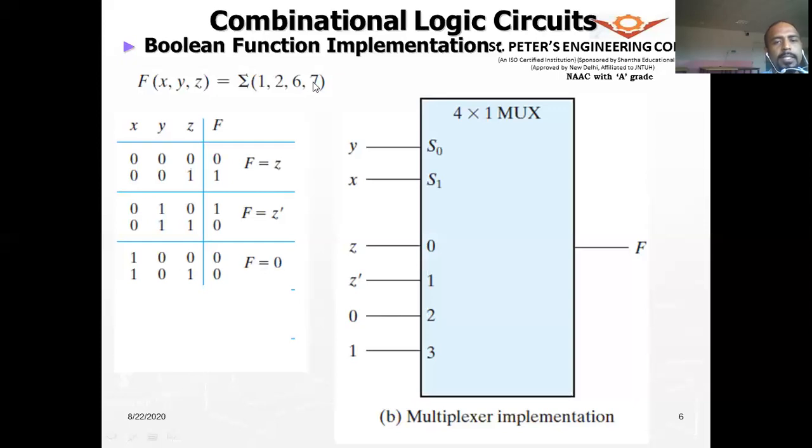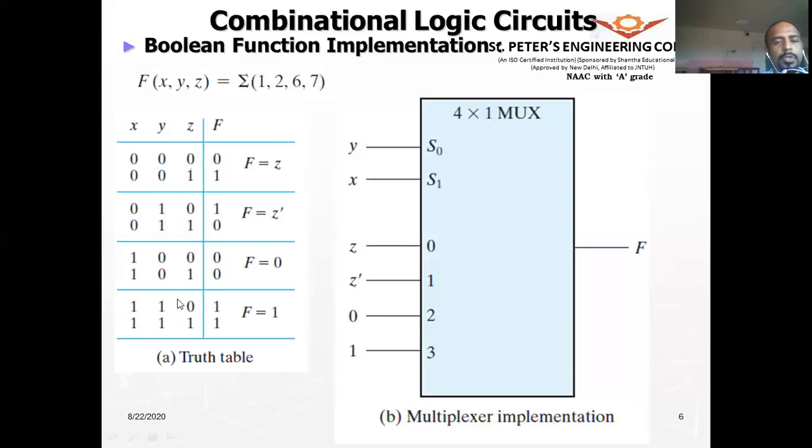Next, for 6 and 7, we want the output to be 1. So we are giving the I3 input as 1. Now we see the combination x, y is 1, 1, and if Z is 0, the output is high for minterm 6, and if Z is 1, the output is high for the minterm 7.